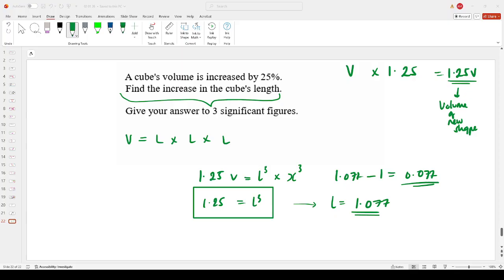Correct. How do I write that as a percentage? Because remember, this is a multiplier. How do I write 0.077 as a percentage? Yeah, you times it by 100.